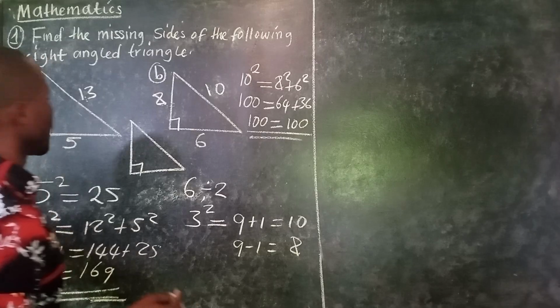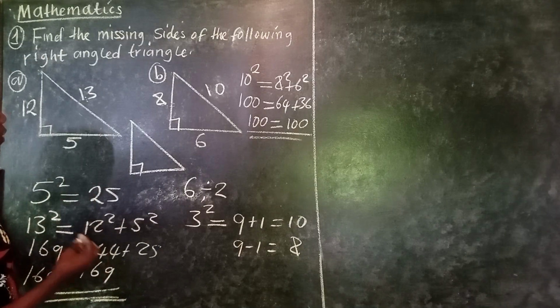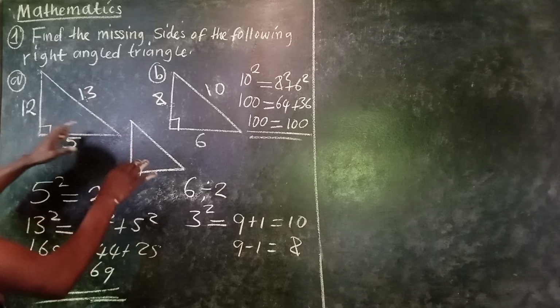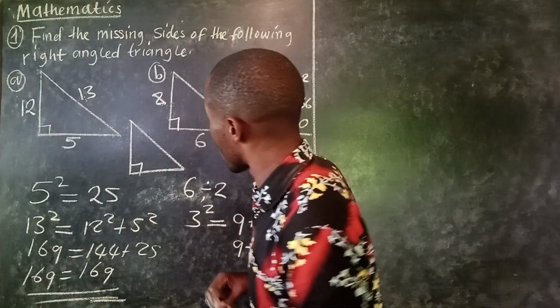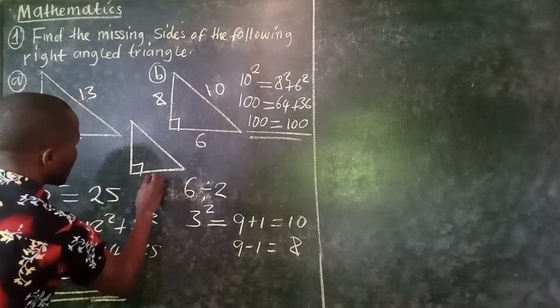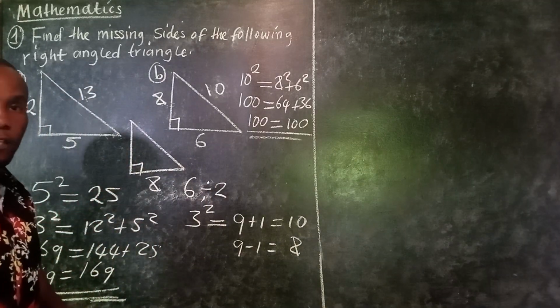So for that one, you can easily answer these two sides without even considering the Pythagoras theorem. Imagine if you are to use the Pythagoras theorem, then you are just given this side, for example. To find these two sides, it is going to be very difficult for you.